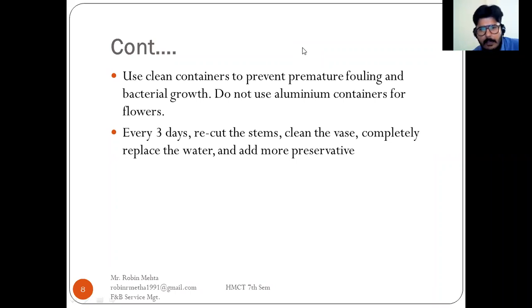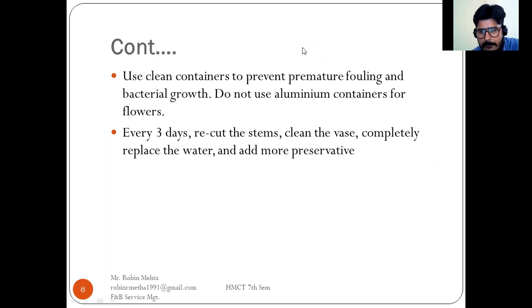Whenever you are doing a flower arrangement, if it has a life span of 5, 6, or 7 days, or maybe 10 days, what you can do is recut the stems which are ripened, which are not in use right now, or whose freshness or fragrance may be exhausted.